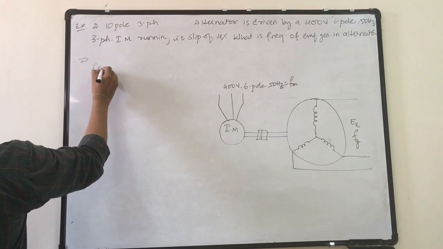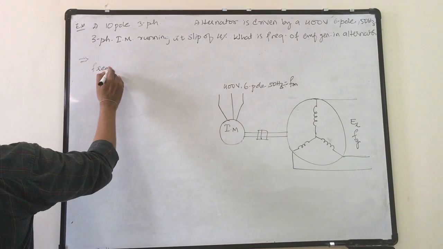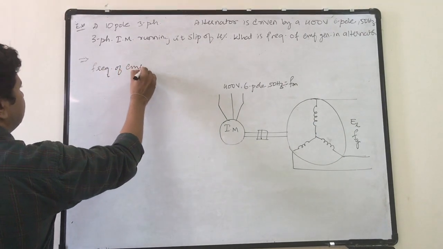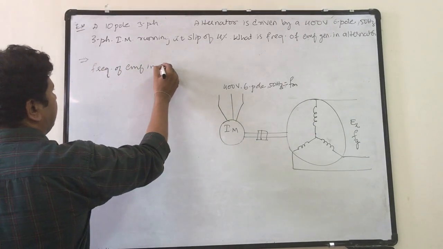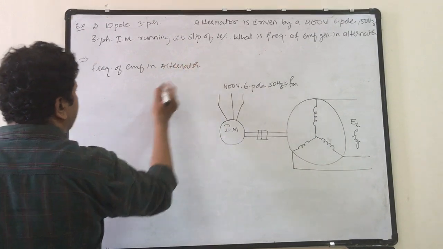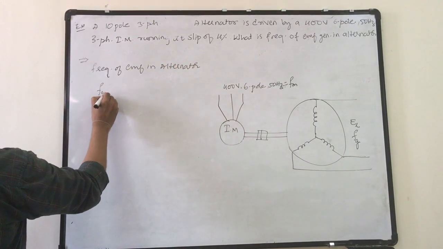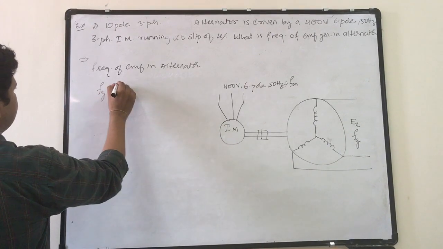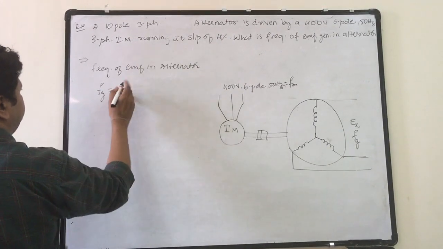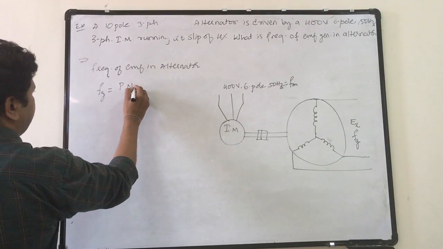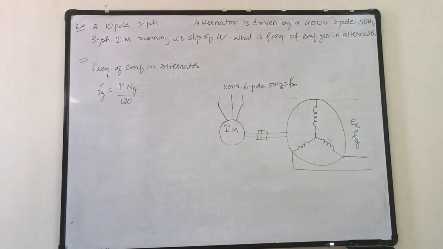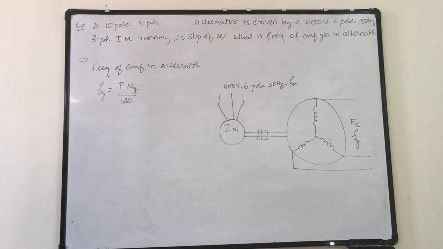The frequency of EMF in alternator Fg is equal to Pg into Ng divided by 120, the speed at which generator rotates.